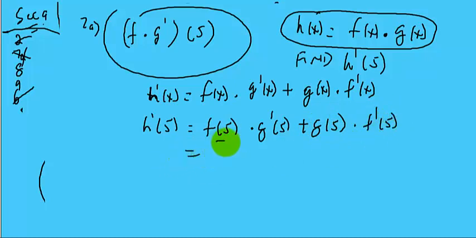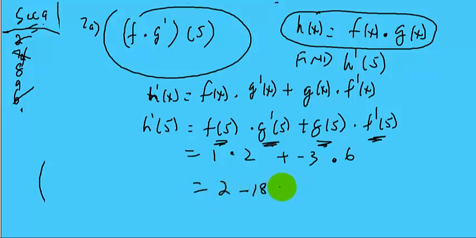Do they give me a number for f of 5? 1. What about g prime of 5? 2. What's g of 5? Negative 3. What's f prime of 5? 6. So this would be 2 minus 18, which is negative 16.